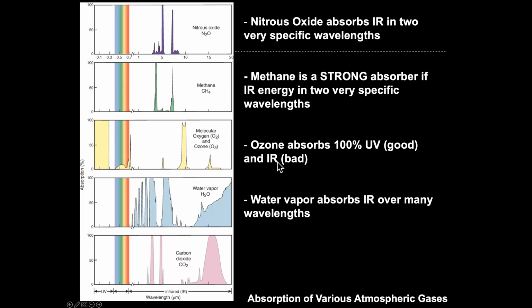Water vapor absorbs IR over many wavelengths, wherever you see the blue go to the very top, these spikes. And carbon dioxide absorbs IR at several wavelengths as well. Notice this whole range here, from here all the way to here, that is the infrared. This, the rainbow, is what we see, visible.